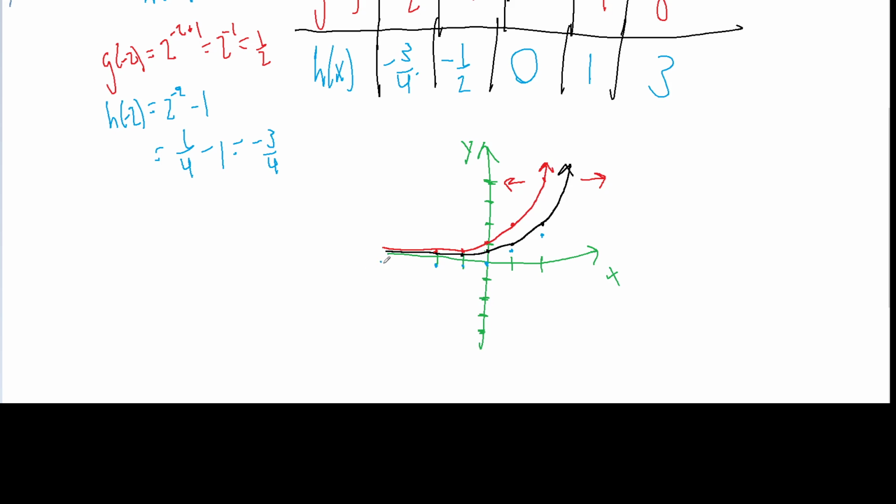And this graph would look something like this. So you can see that the difference between the black line and the blue line is just 1 unit, and that caused a shift in the y-axis, a vertical shift downward. So you can imagine if instead I had 2 to the x plus 1, everything would be shifted up by a unit of 1.